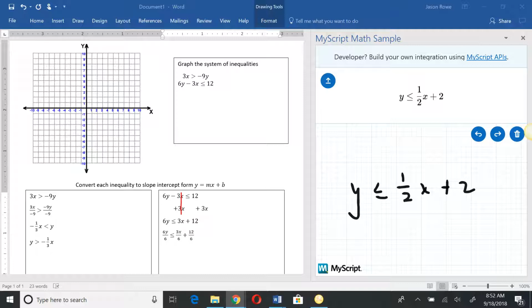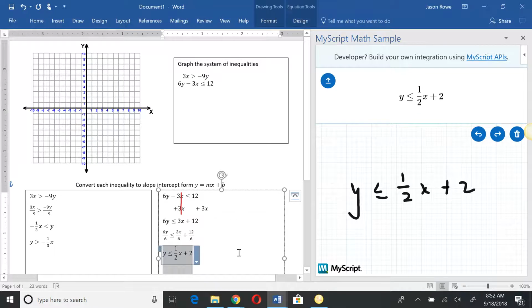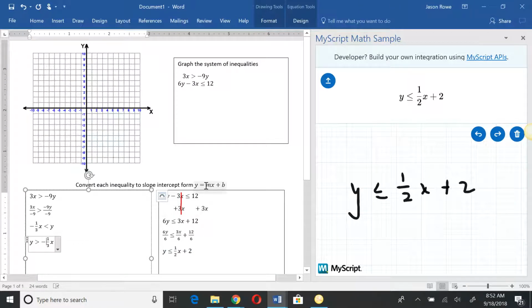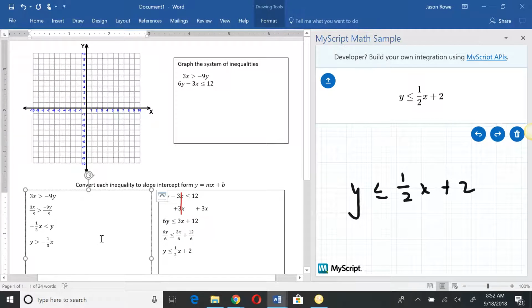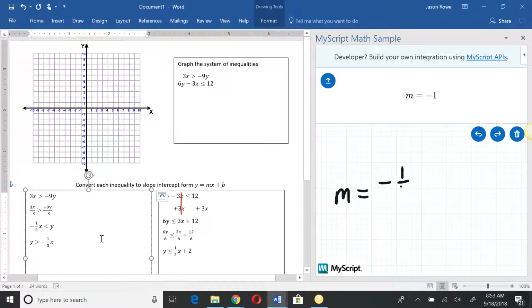Now to graph, I want to find the slope and the y-intercept. Remember, slope is m, the number in front of x, nothing else. And b is the y-intercept. In the first one, m equals negative 1/3.